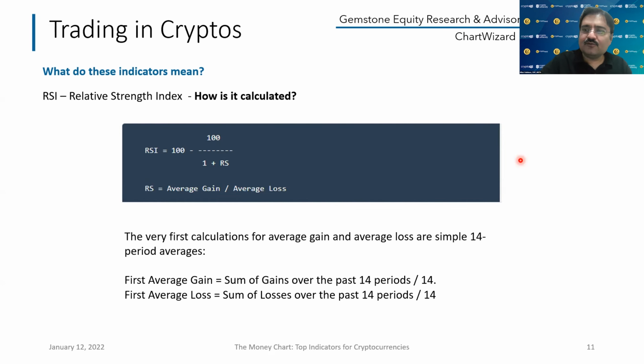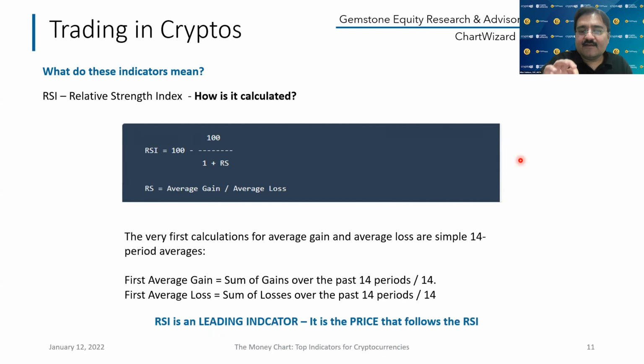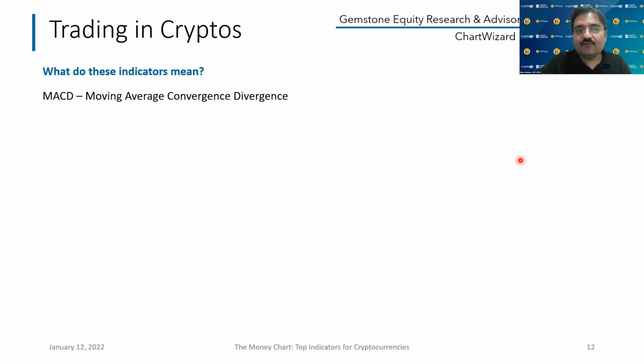It's not necessary to remember the formula, but what we should remember is that it's a leading indicator. Leading indicator means it's the price that will follow the RSI, not the otherwise. RSI will not follow the price. The indications, the patterns, the breakouts appear on this indicator much before they appear on the price. So RSI is something that we will use.